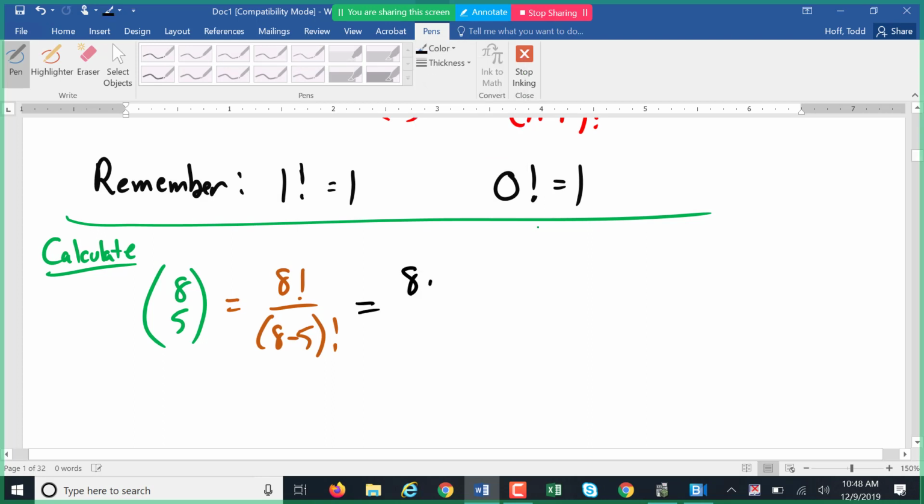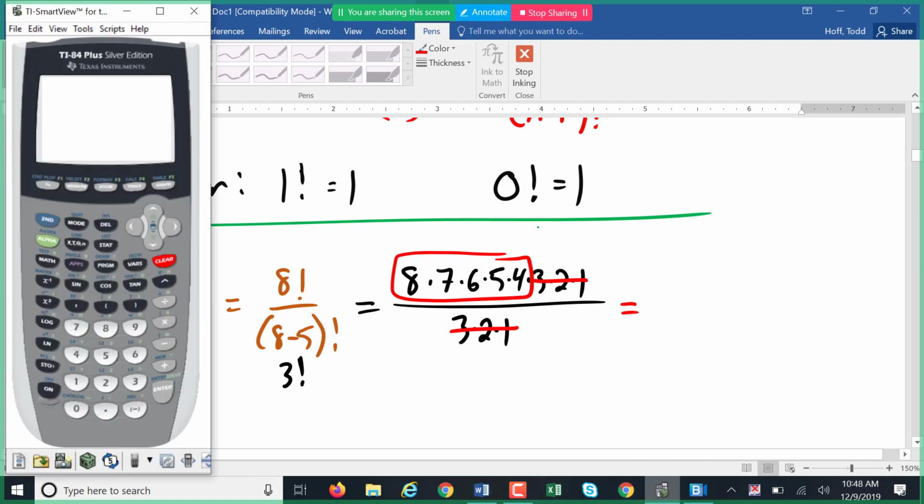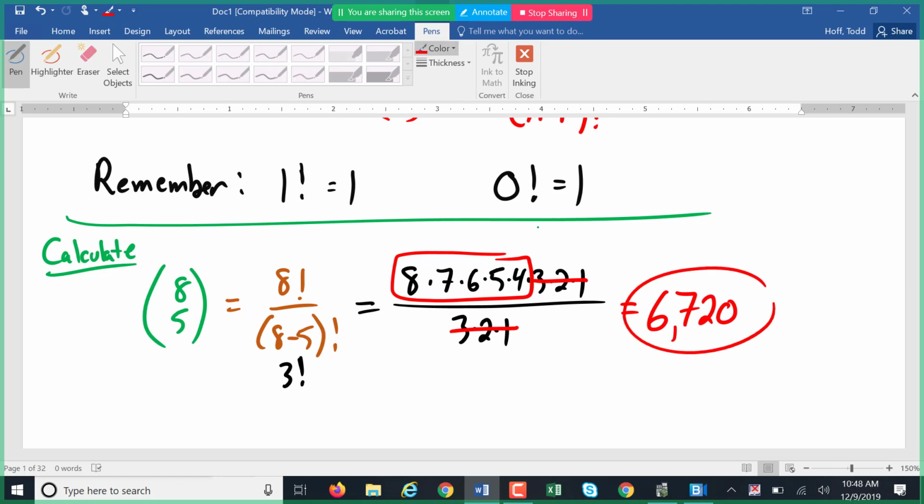So that becomes 8 times 7 times 6 times 5 times 4 times 3 times 2 times 1. It's small enough we can write it all the way out. Remember, 8 minus 5 is 3, so 8 minus 5 factorial is just 3 factorial, which is 3 times 2 times 1. So the 3 times 2 times 1 cancels out. All we have left is 8 times 7 times 6 times 5 times 4. I forgot the 4 when I said that. So 6,720 is the binomial coefficient of 8 choose 5.